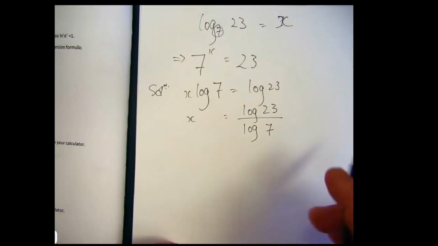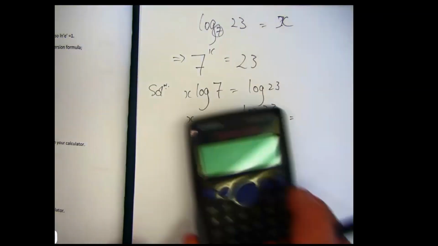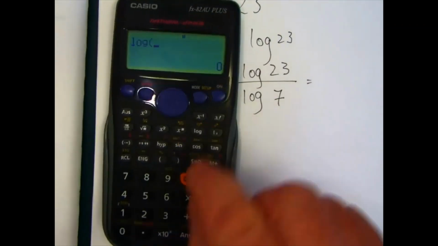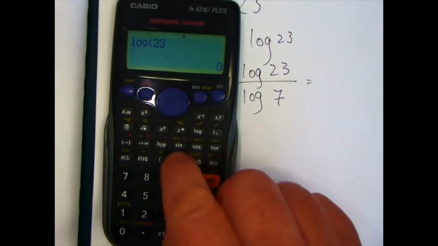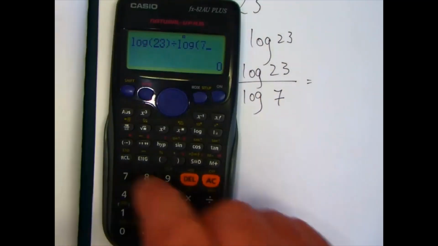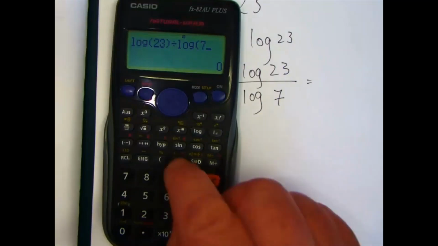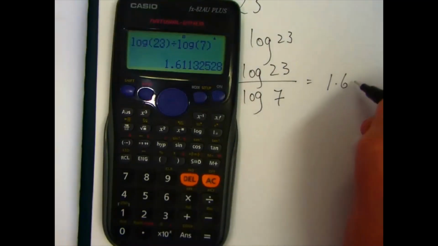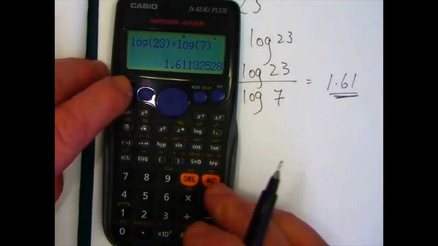Now, in comes your calculator. Turn it on. Log 23, close it off, divided by log 7, close that off for good practice, equals, there we go. And the answer in the book is 1.61. I've just written it to 2 decimal places.